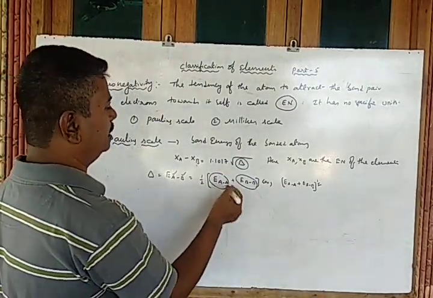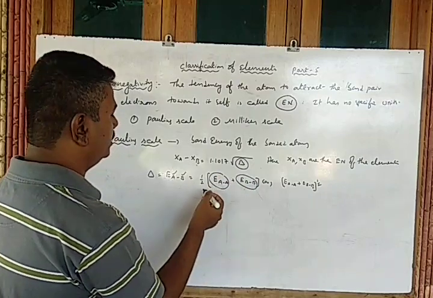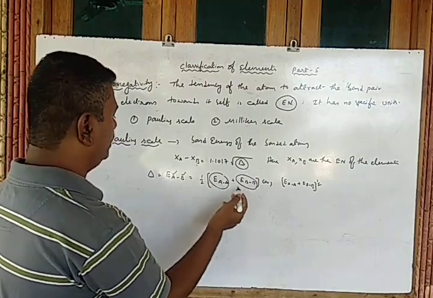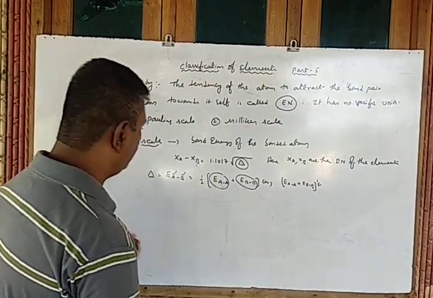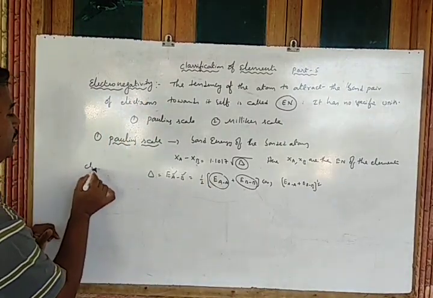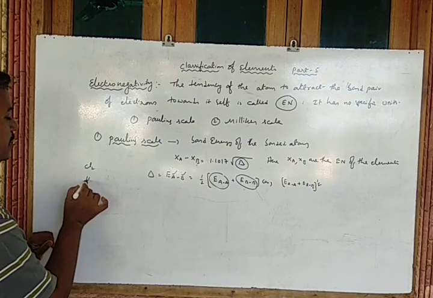So the bond energies will be calculated, and finally from that we calculate delta. That means, for example, a chlorine atom is there as well as a hydrogen atom is there.